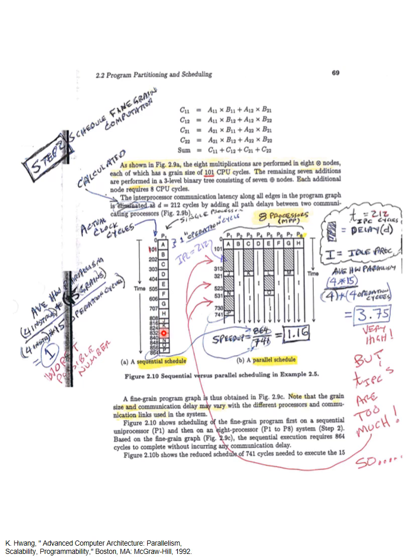These other smaller blocks down here, J through P, are the remaining additions performed in a 3-level binary tree consisting of 7 plus nodes, each addition node requiring 8 CPU cycles. So those are 8 cycles each. And these are all single issue processors, not superscalar. So there's only one pipeline. And so these need to be done sequentially. And therefore, there's 15 grains here.